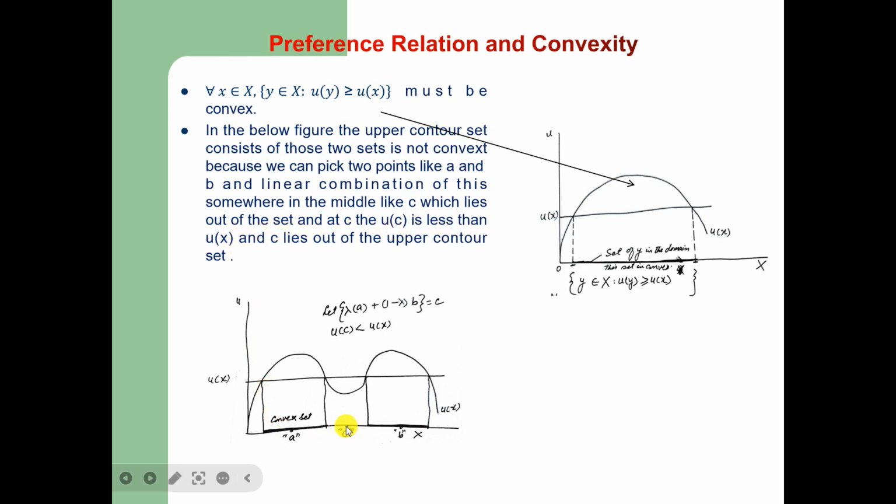For example, this utility will be less than u of x, so this lies out of the upper contour set, so this is not quasi-concave.